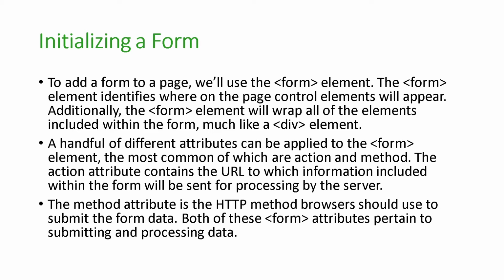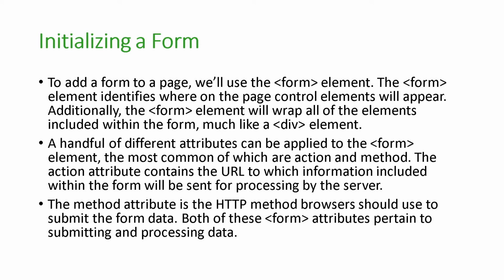within this form element. We have a handful of different attributes that can be applied to our form element, the most common of which are the action and method attributes. The action attribute contains the URL to which information included within the form will be sent for processing by the server. And the method attribute is the HTTP method browsers should use to submit the form data.